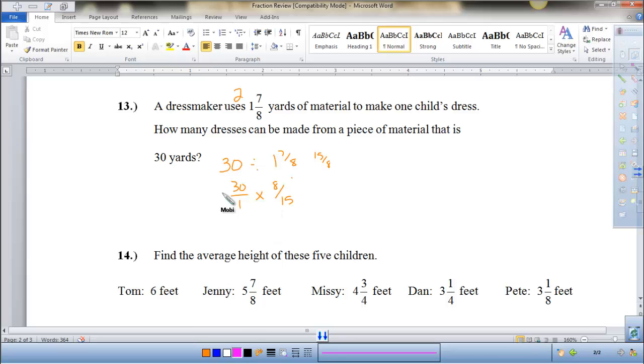Before doing that, I could cross simplify. This would be a 1, and this would be a 2, because 15 goes into 30 2 times. And then I get 16 over 1, which is 16 dresses. And I know from estimating at the beginning, my answer should be somewhere around 15. And 16 is right there, so I know that that is correct.